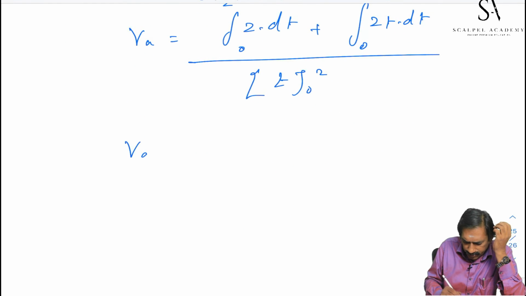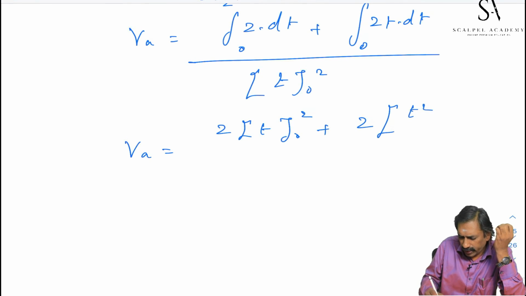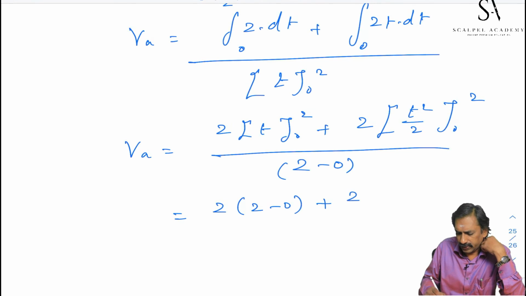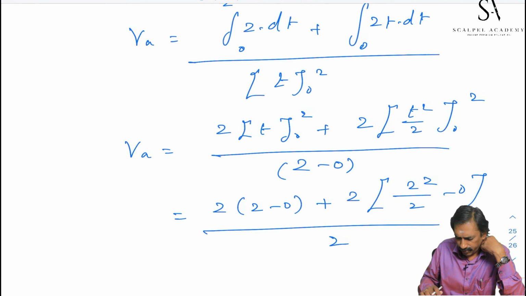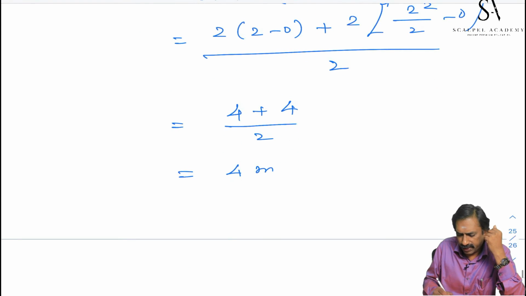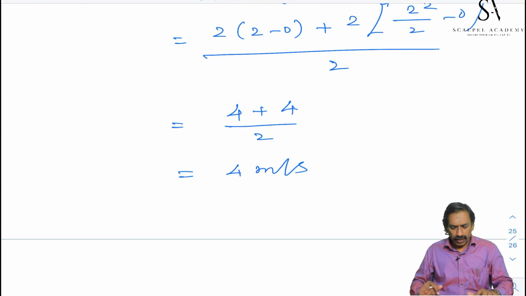That is equal to 2t from 0 to 2 plus 2 t square by 2 from 0 to 2, divided by 2 minus 0. That is equal to 2 into 2 minus 0 plus 2 into 2 square by 2 minus 0, whole divided by 2. That is equal to 4 plus 4 divided by 2, 8 by 2, that is equal to 4 meter per second is the average velocity.